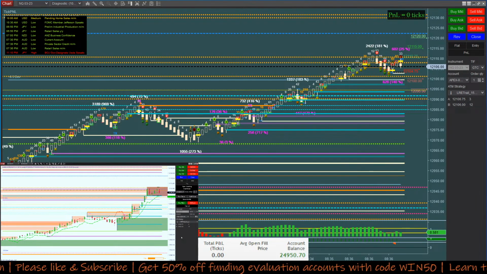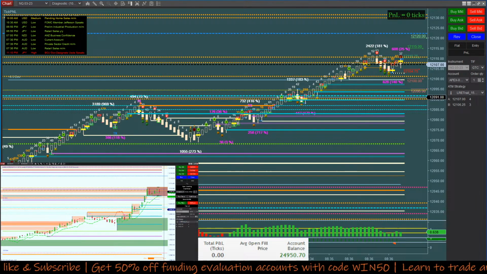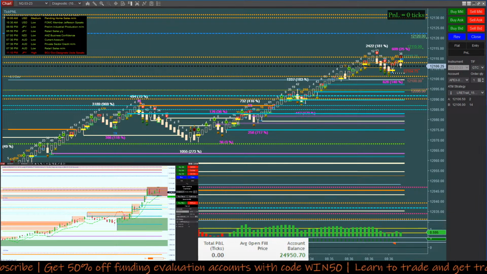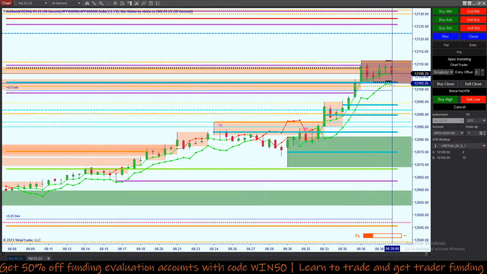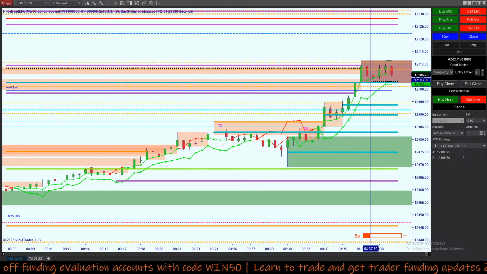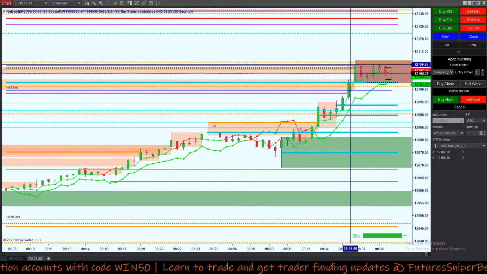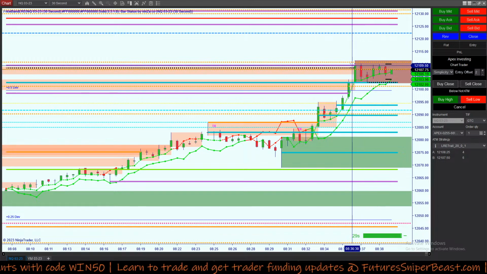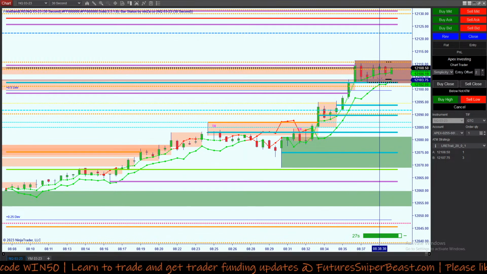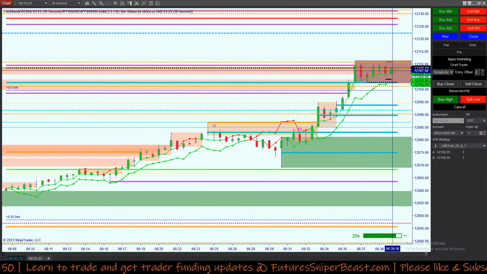I would not be taking an LRE here, though, by the way. If it pulls back to around here where it would be an LRE, because see, now we have this sideways action here, a clear resistance right there. I mean, it's pretty clear. You can see it. So I wouldn't take a pullback here.